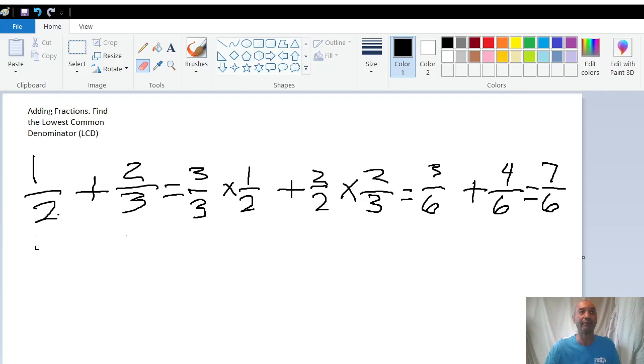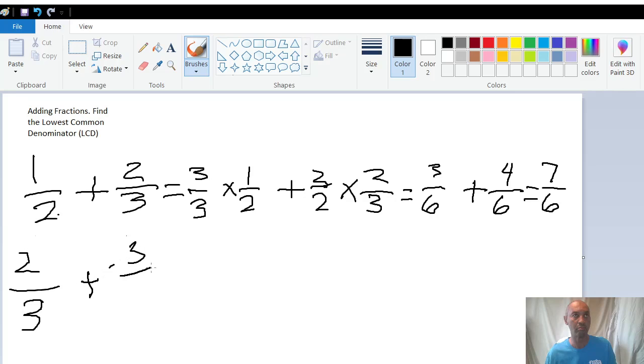Up here, select the brush, and let's just say 2 over 3 plus 3 over 4.